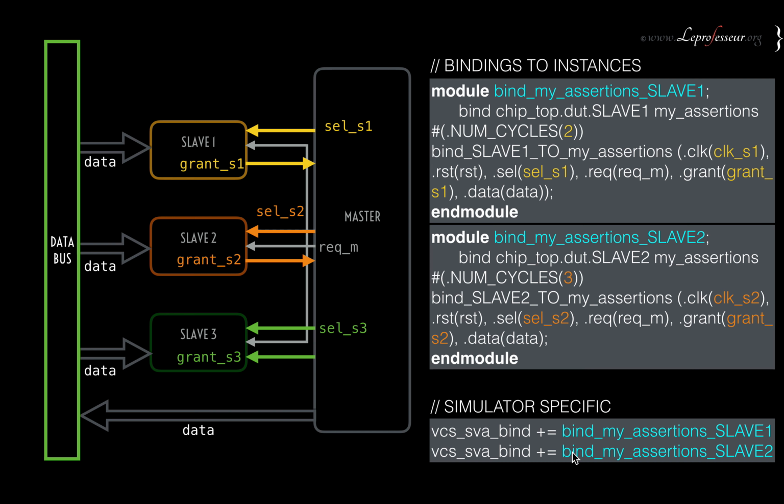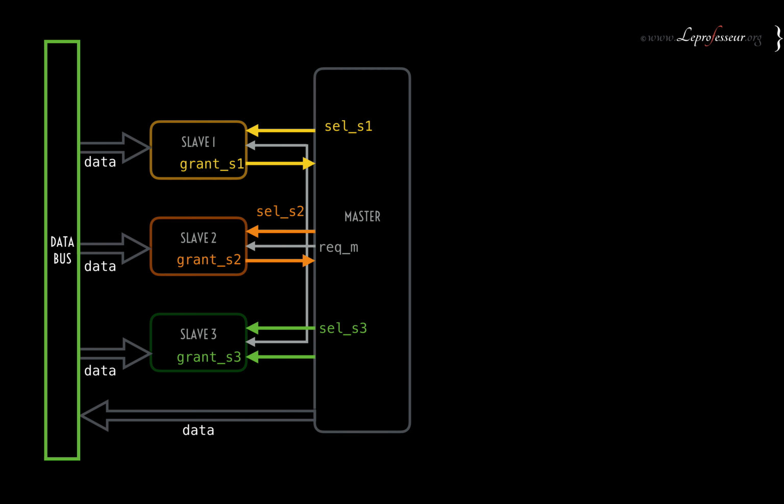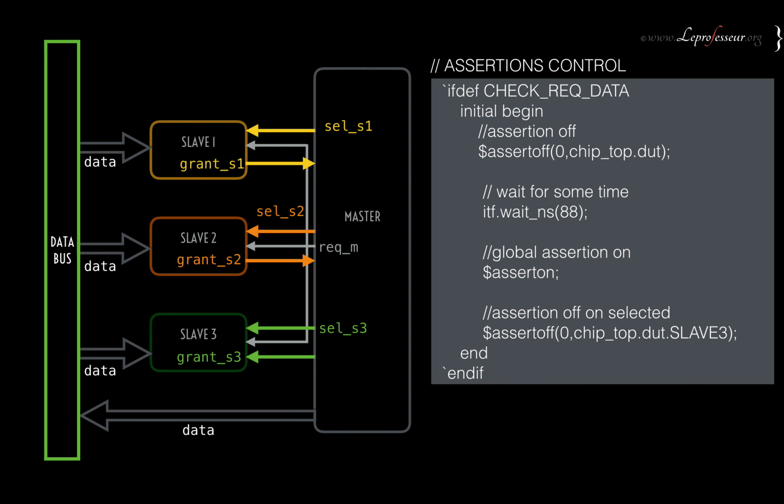Good. Now, another important thing which is very handy in debugging assertions is to have an assertion control. You can write an assertion control Verilog file in which you can put some guard bands. Let's say you want to check only request data.